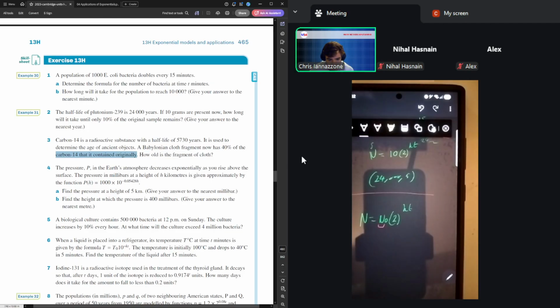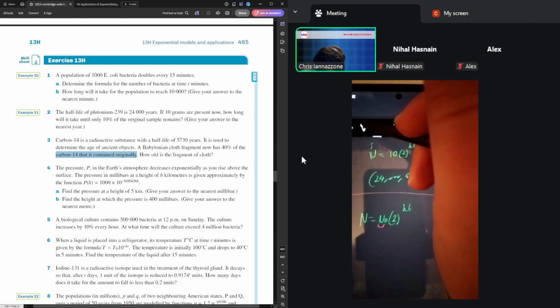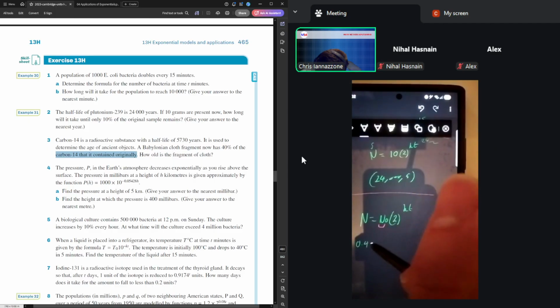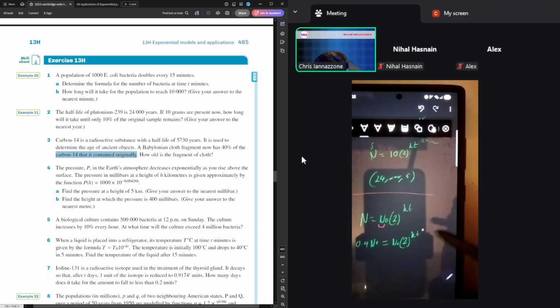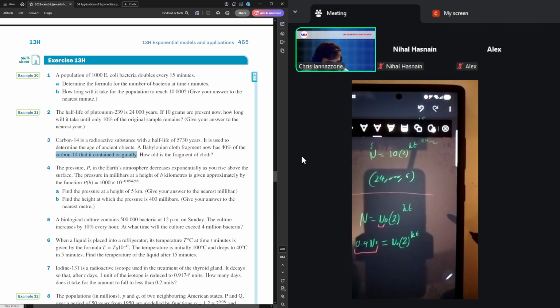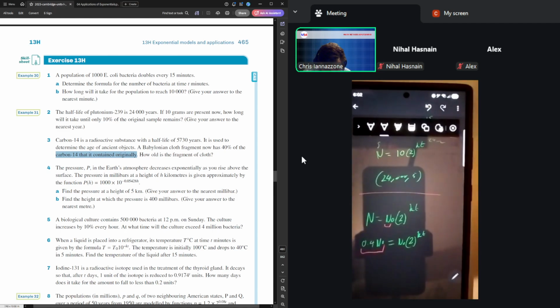So if it contained N0 originally, what we have is 0.4 of N0 is equal to N0 times 2 to the KT. Right, this is our final value, which is 40% of whatever we started with. We're doing it proportionally rather than with the actual numbers themselves.